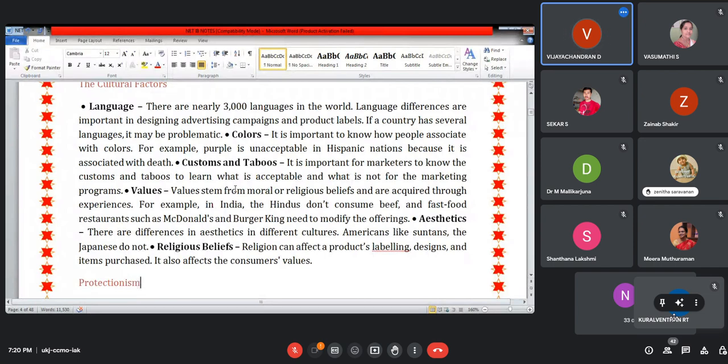See, in India there are some customs. In the morning we go for prayer, or on Sunday we go for church. Like that, certain customs are there. So they have to study the customs in order to trade in other countries. The values, the beliefs.